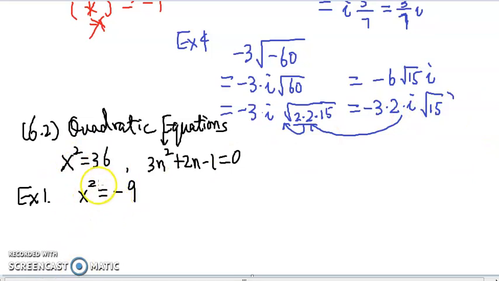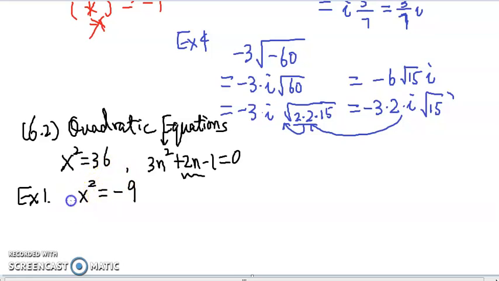This is a simple type of quadratic equation because it doesn't have the term with the first power of x. So when you have a simple example like this, there's a quicker way to do this. We can take the square root of x squared, because square root can get rid of the square.